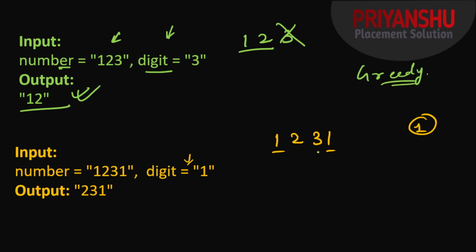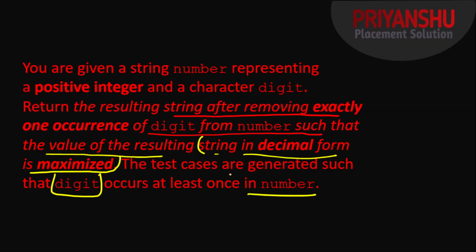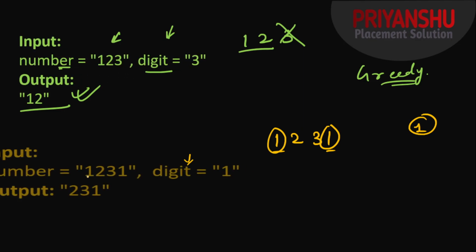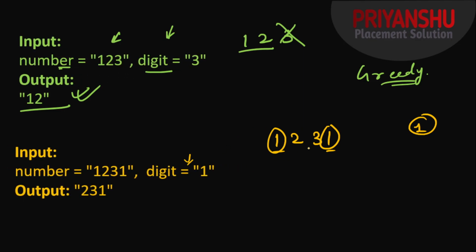Now it will confuse you: do you remove this one or that one? For that, keep in mind the line that the string in decimal form is maximized.